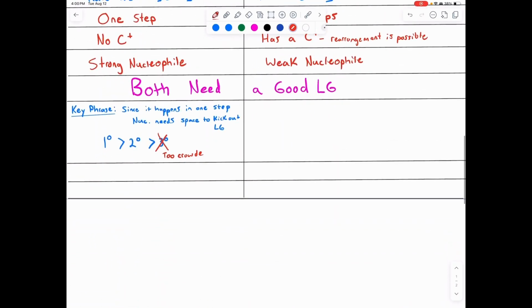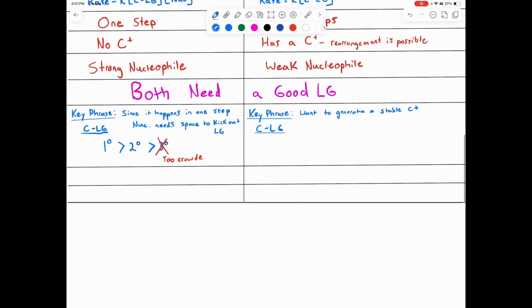Okay? The key phrase that I want you to remember for SN1 is this. The whole name of the game for SN1 is we want to generate a stable carbocation. So we see the opposite trend of the leaving group. And I'm going to put here, this is in terms of the carbon with the leaving group. We see the opposite trend of leaving group types with SN1.